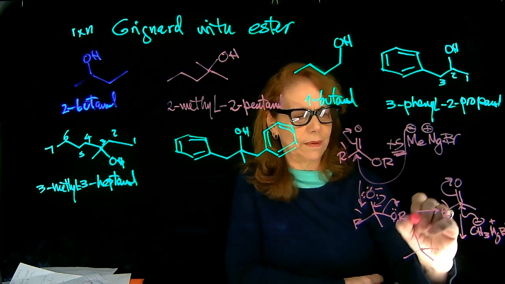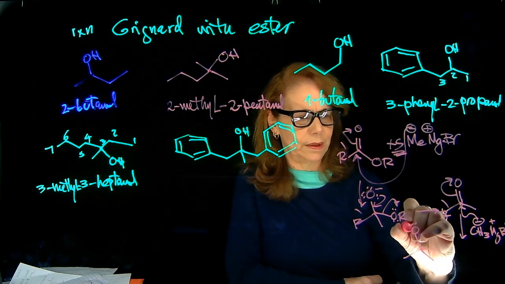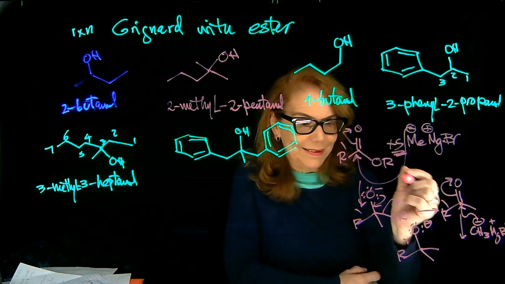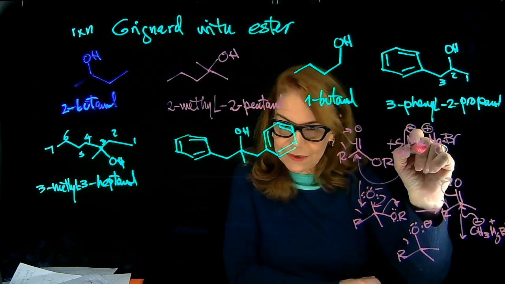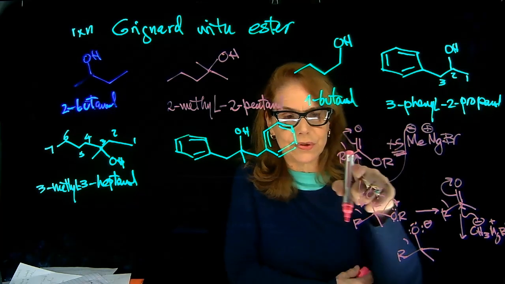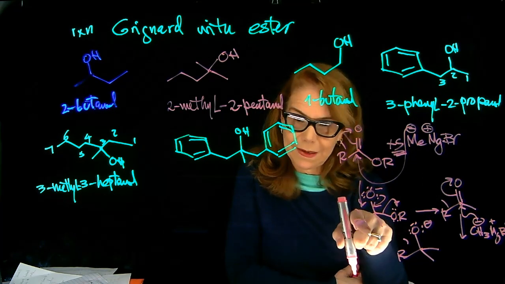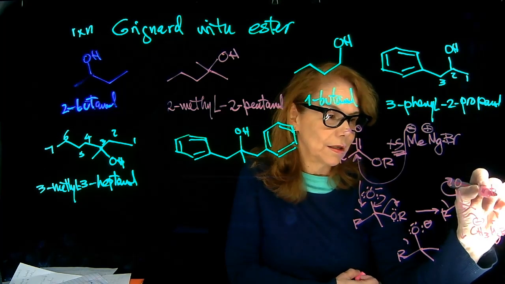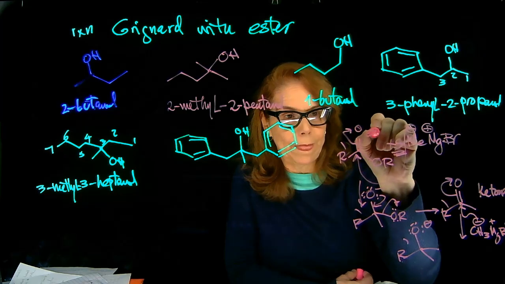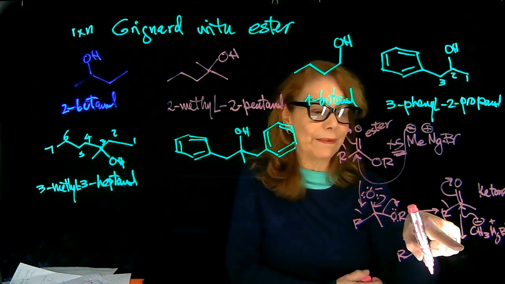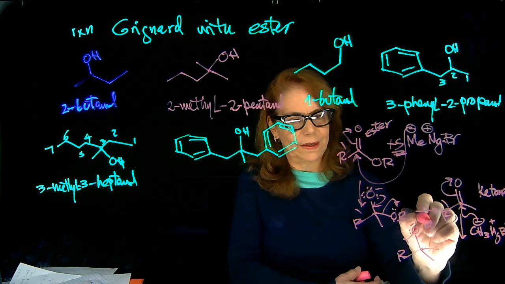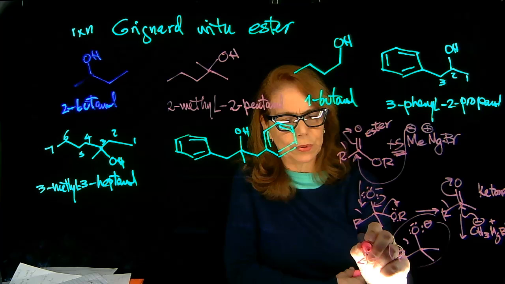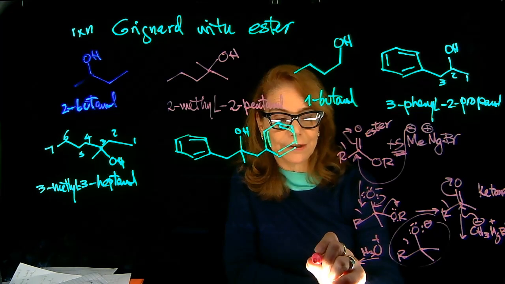And here you will have metal, O negative. But notice what we see, excess of this reagent, because you're doing two attacks. First you attack on the ester, reform the carbonyl from this tetrahedral intermediate. Now you have a ketone. And because we have an excess, we will have another attack. And that's a product. This alkoxide, of course, we will protonate and we will form a tertiary alcohol.